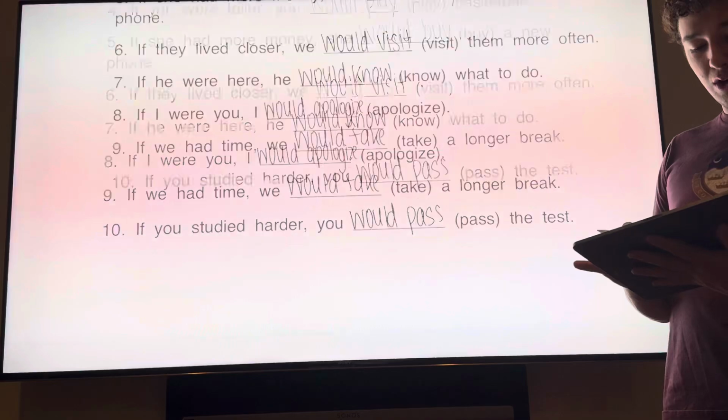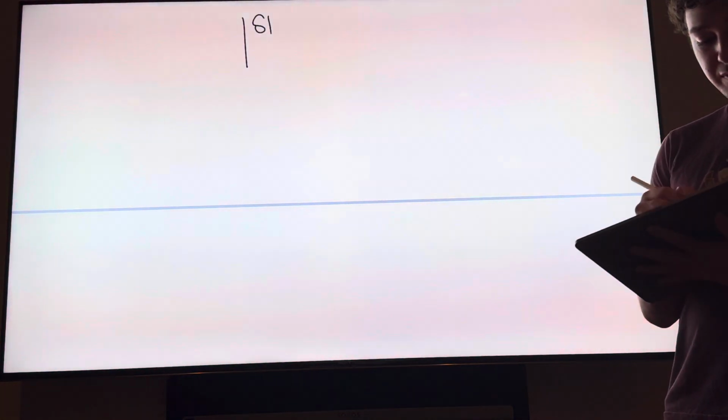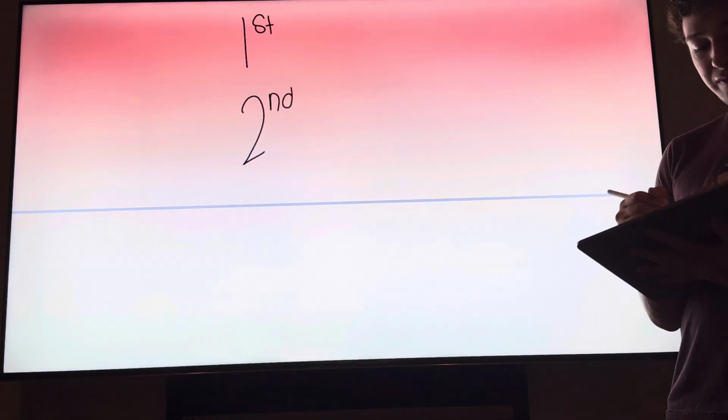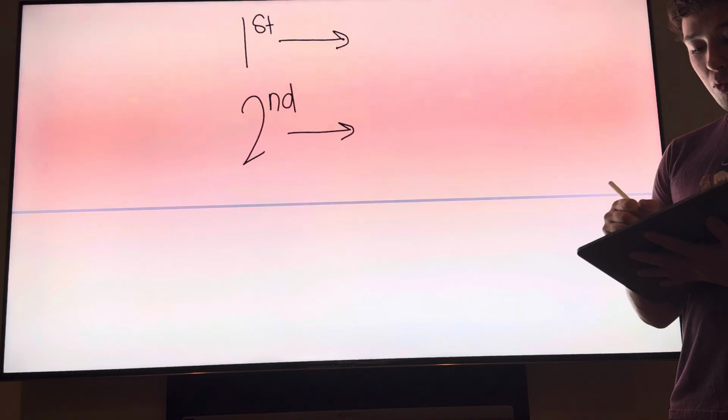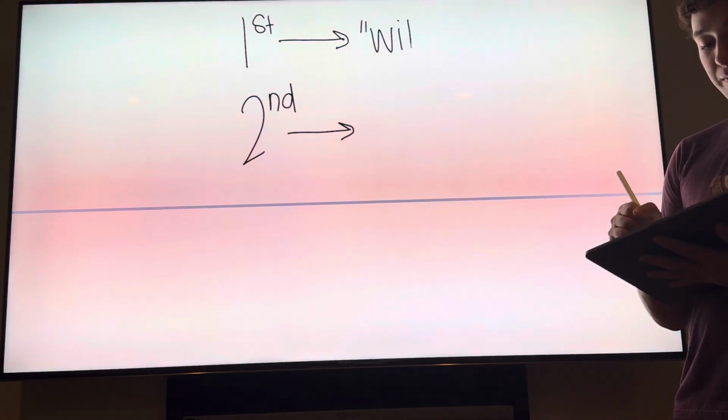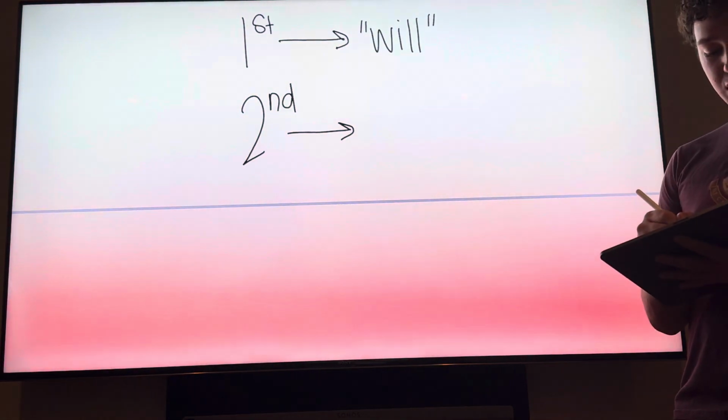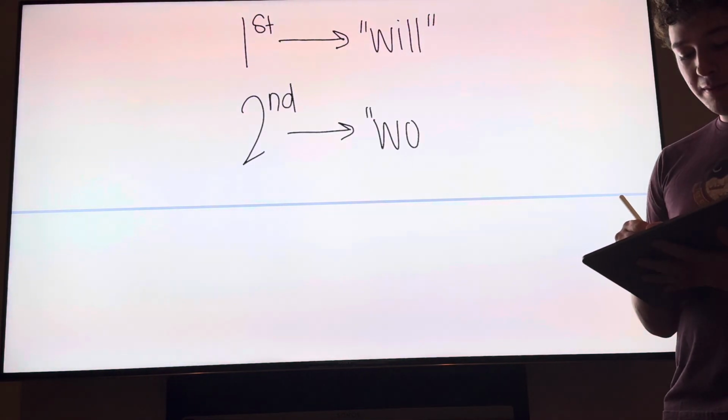So, just for a little recap here, first conditional and second conditional. First conditional, you always use will. Second conditional, you always use would.